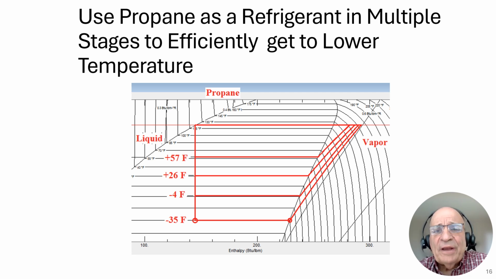So let's use propane as a refrigerant and go to a lower temperature. We're going to bring this propane down to minus 35 degrees Fahrenheit. We could have done that using a single stage.